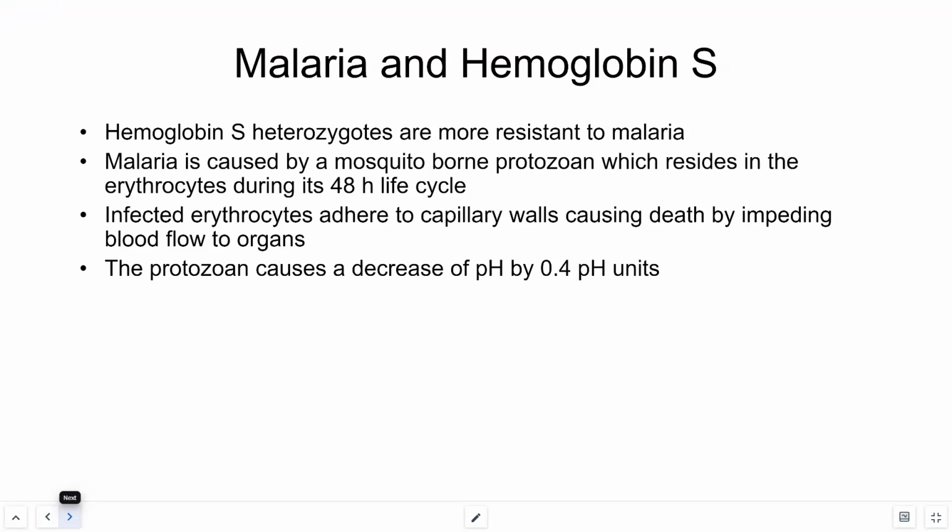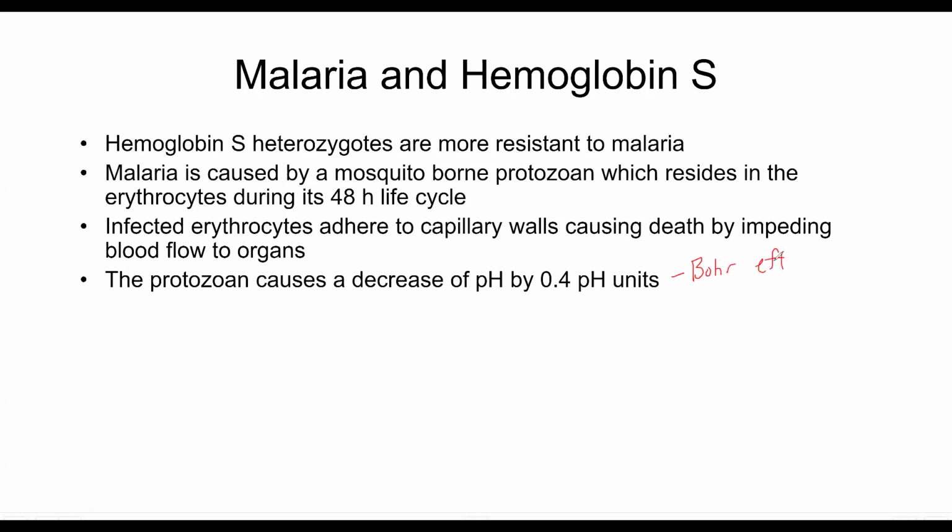The protozoan causes a decrease of pH by 0.4 units. Now, if you remember when we were talking about the Bohr effect, one of the things that we noticed was that the range of pHs was basically 7.6 down to 6.8.